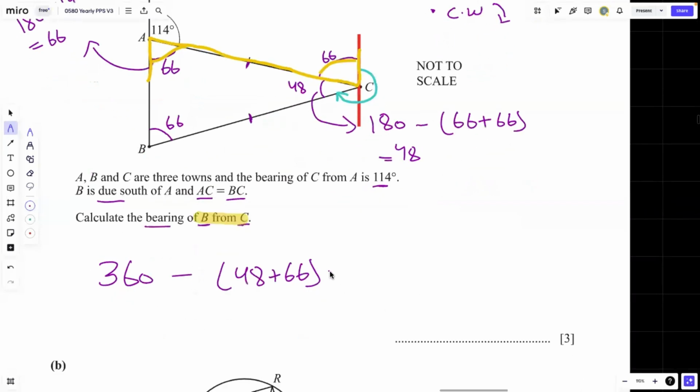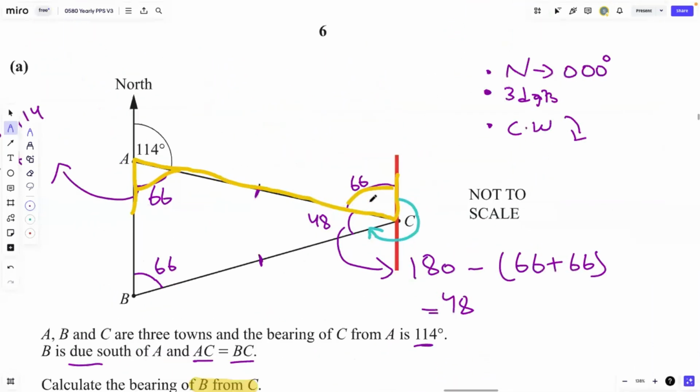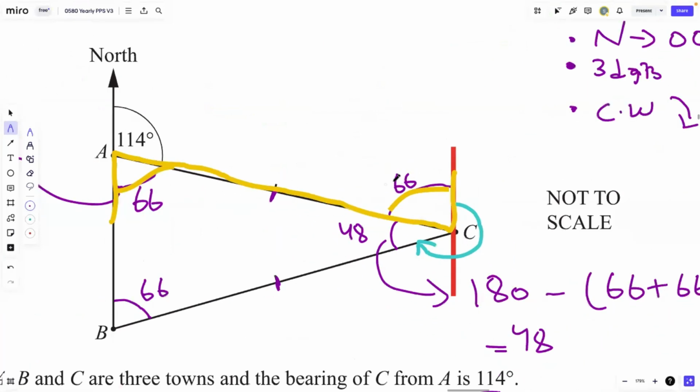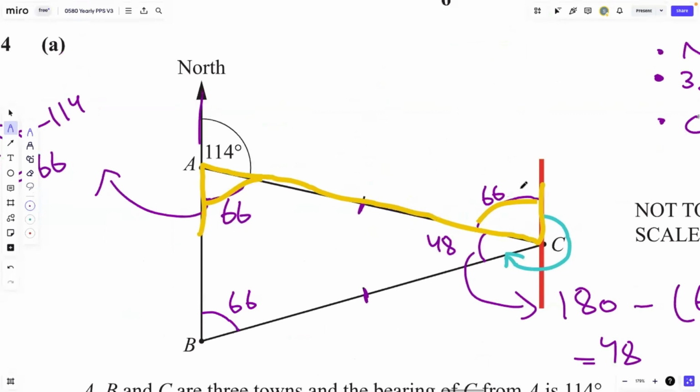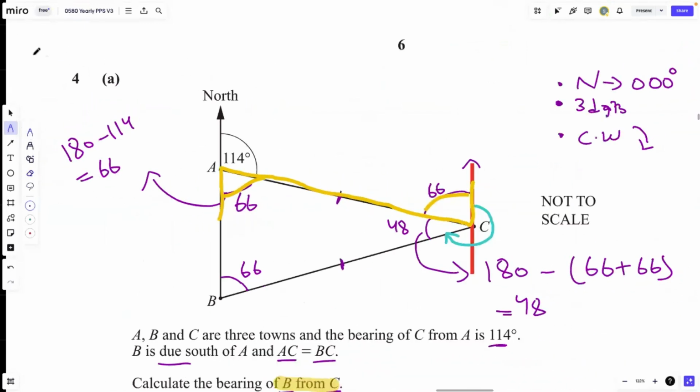So it's going to be 246 digits. 246. Another way we could have figured this 66 out was, if you see, these are two parallel lines. So in reality, it's basically like this.